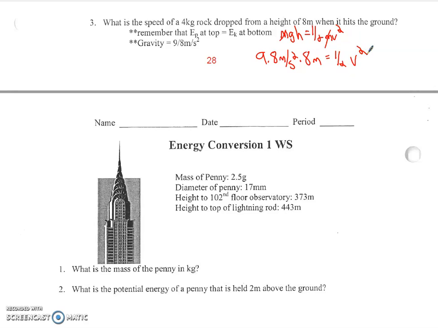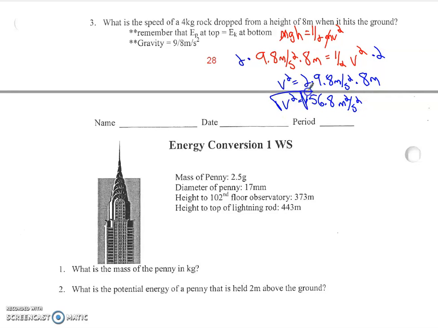So now, if you want to solve just for v squared, what you have to do is get that v squared by itself. So I'm going to multiply both sides by 2. So now what you end up getting is v squared equals 2 times 9.8 meters per second squared times 8 meters. When you do that math, you get v squared equals 156.8 meters squared per second squared.